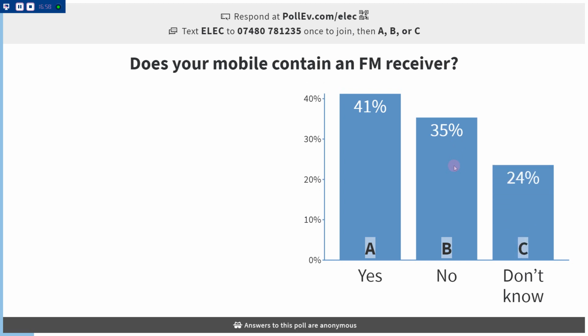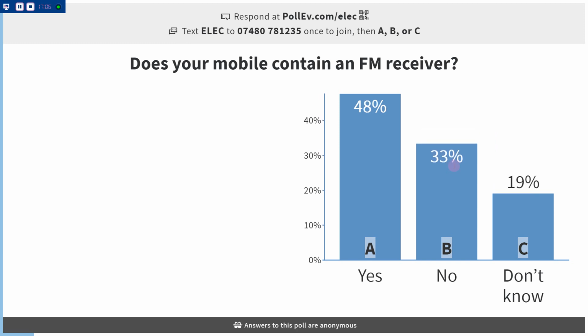So if you have an iPhone and it's older than the iPhone 7, then it does include an FM radio. So you have an FM demodulator and you just have to plug in the headphones and you can listen to free FM. iPhone 7s onwards don't have that. Okay?